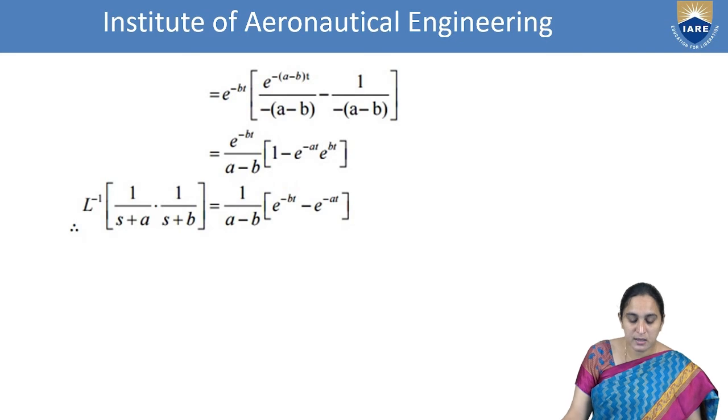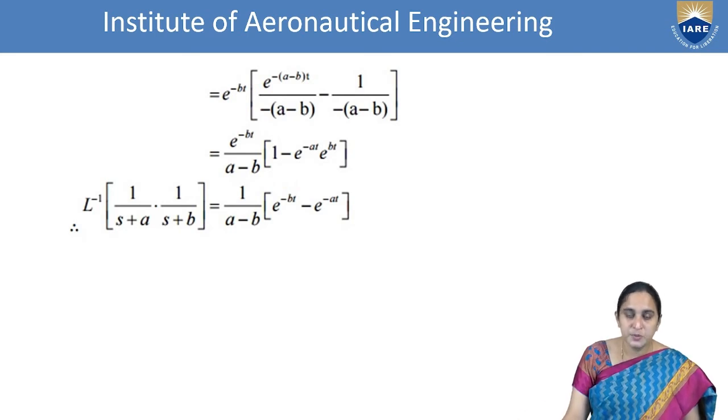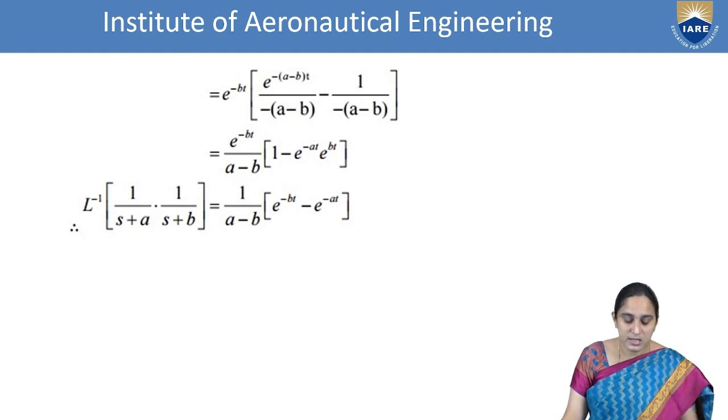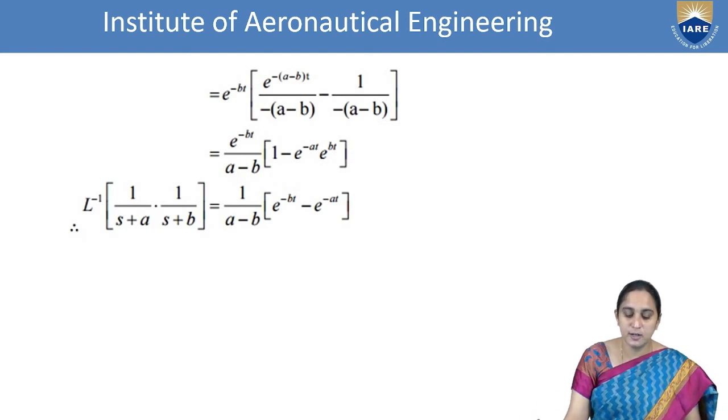Now the denominator is common, so e power minus bt by (a minus b) is taken outside, and the remaining after simplification is 1 minus e power minus at into e power bt.